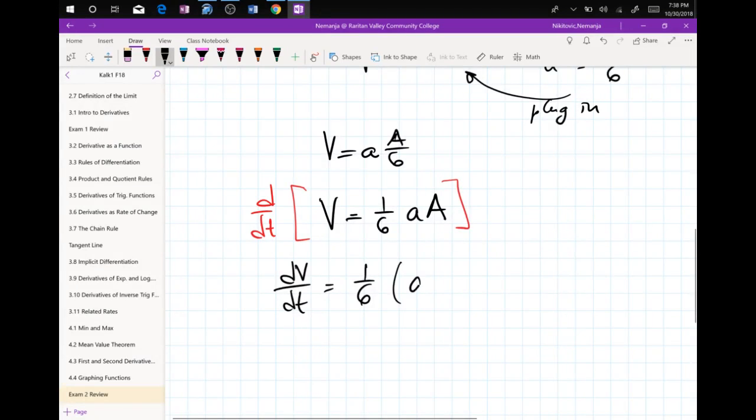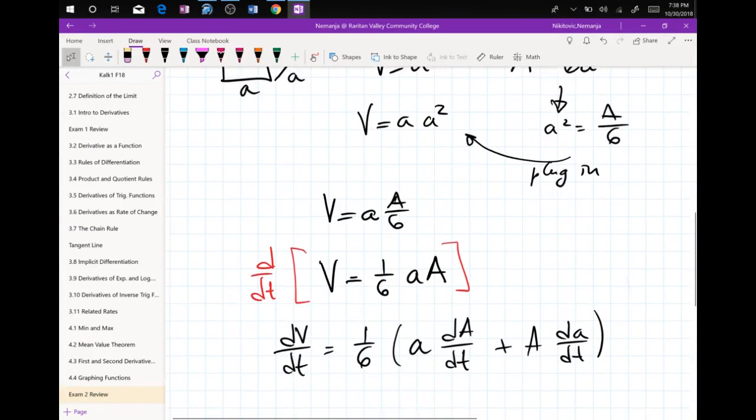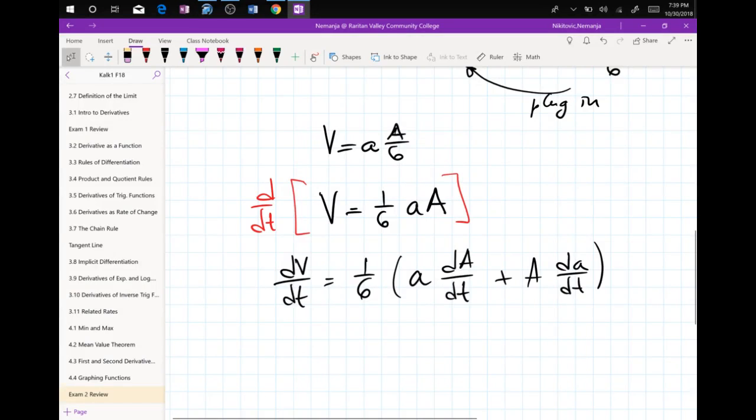And I do the product rule. So that's a times dA/dt, that's the change in area, plus A times da/dt, which is the change in side. And finally, you can bring in, if you want to eliminate any. So this would be your related rates.